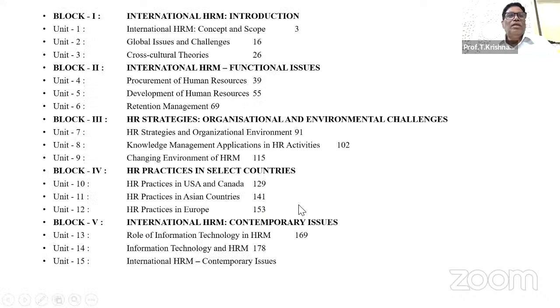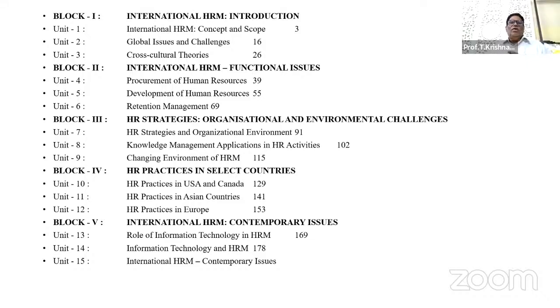This happens to be our syllabus in international HRM, and block one talks about the fundamental things relating to what is international HRM, what are the global issues and challenges involved in international HRM, and then we'll be talking about cross-cultural theories in international HRM.